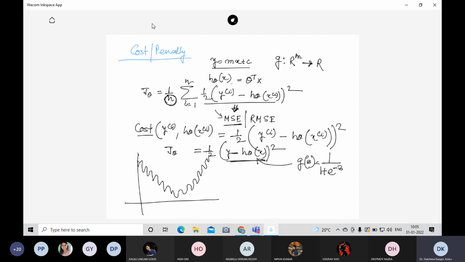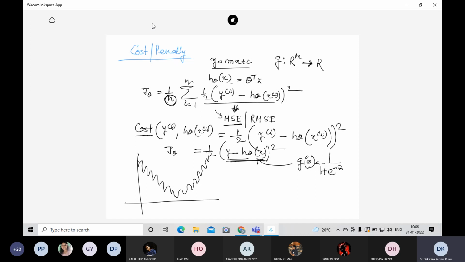That means if we minimize this error function, then we can have an optimal penalty. For this we need to estimate the model parameters in such a way that when we fit these model parameters in the hypothesis representation, we can get the optimal representation.